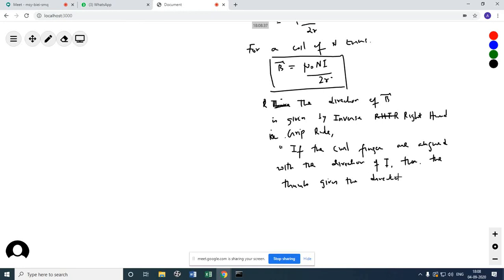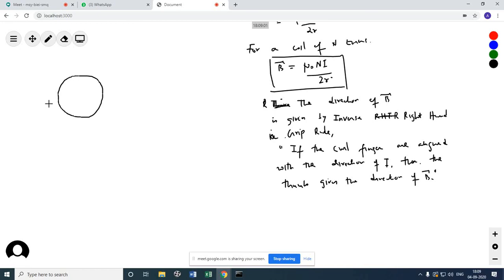There are many other names. It is the right hand rule only, but it's the inverse now. Okay, the direction of B is given by the inverse right hand thumb rule.